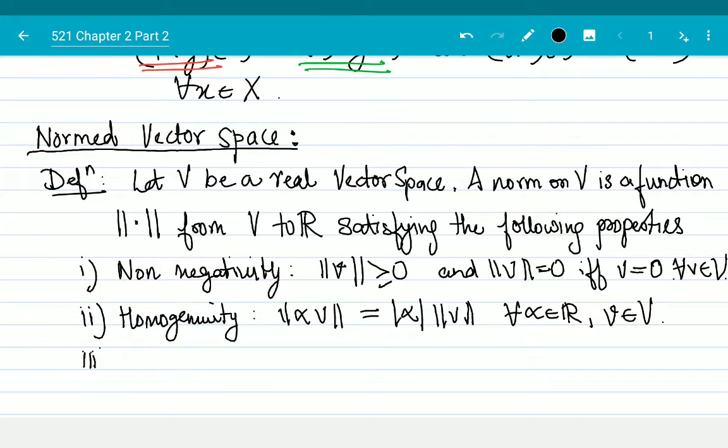And third, a very special property which will be used always, the triangle inequality. What is the triangle inequality?